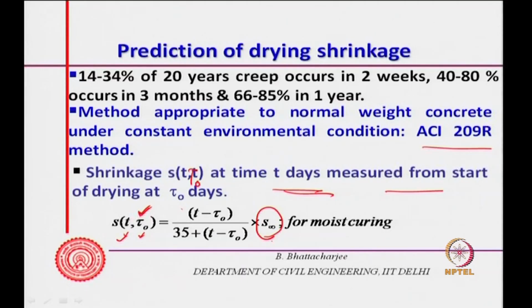So, it is a kind of hyperbolic equation. As you can see, as this time increases, this will increase, but there is a 35 added there. So, as it gets higher, this will tend to a constant value, that is the ultimate.